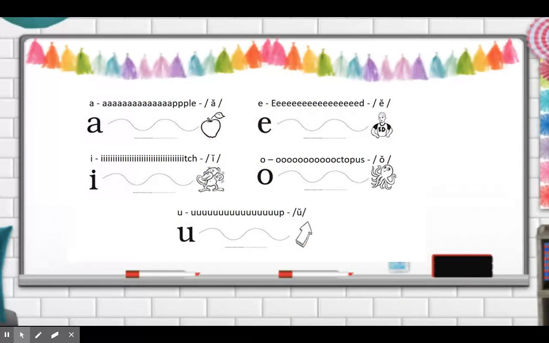Now we are going to stretch our vowel sounds. Ready? A, apple. Your turn. A, apple. Good. Now E, ed. E, ed. I, itch.